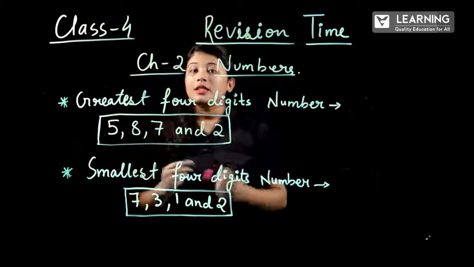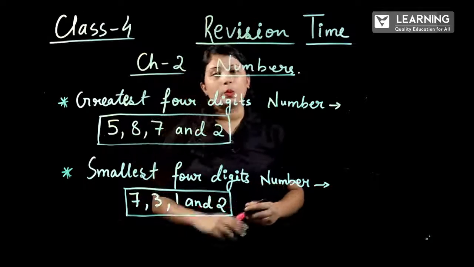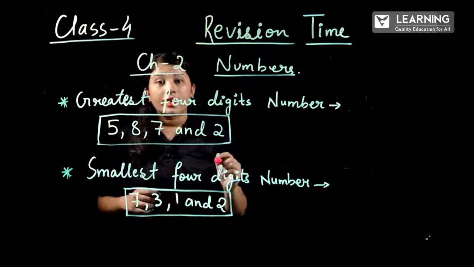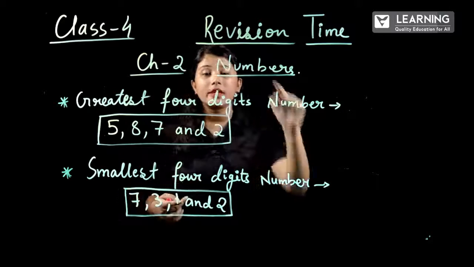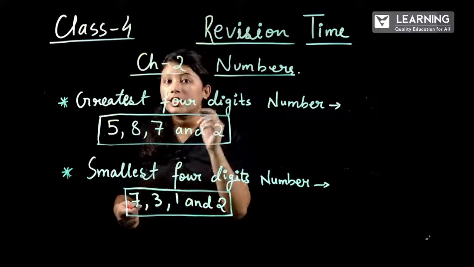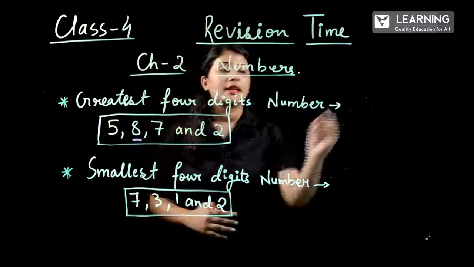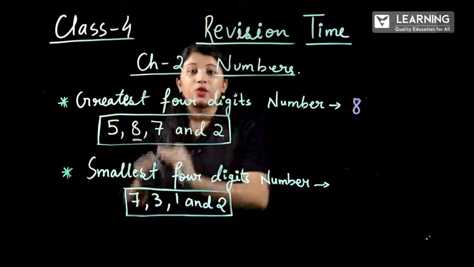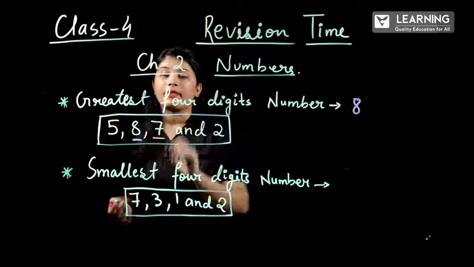Now, what is the number written over here? It is 5, 8, 7 and 2. We have to find the greatest number. So, the greatest number is always the biggest one. In the sequence, if you go and see, which is the biggest number over here, the greatest one is 8. So, first we are going to write 8 because the biggest number is 8 over here. Then before 8, what comes? 7.